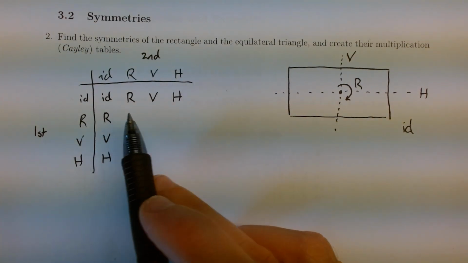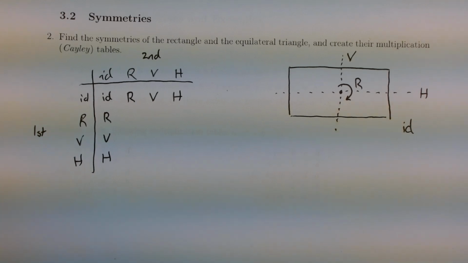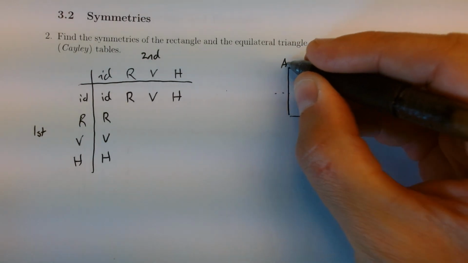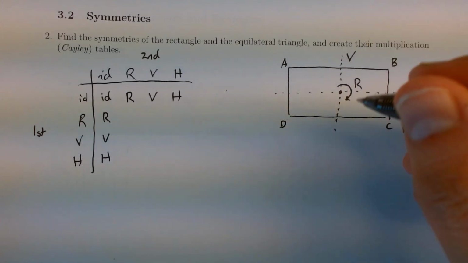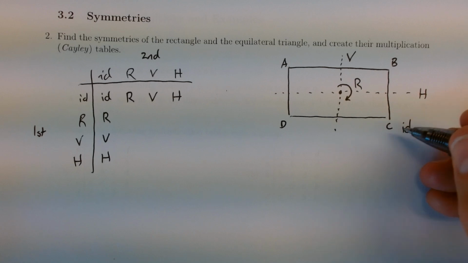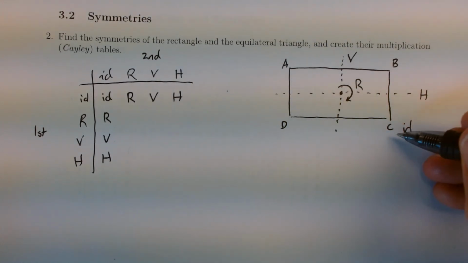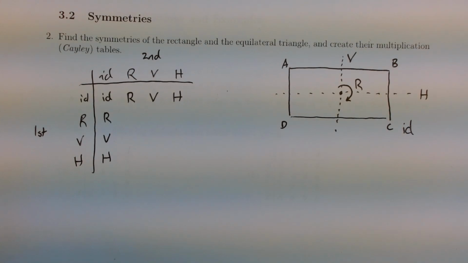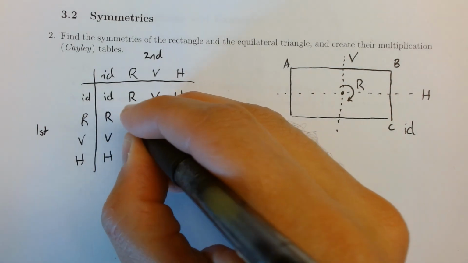So if I were to rotate by 180 degrees and then rotate it again, well, what do we mean by the effect of that? Well, let's temporarily label the corners, say A, B, C, and D. When I rotate, this A comes to where C is now, and the B goes to where D is. But if I rotate it again, the A went to C, A is going to come back to where A was again. So in other words, rotating at 180 degrees twice just gives you back the identity.